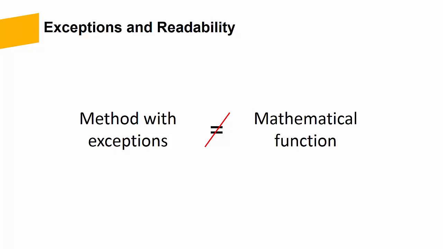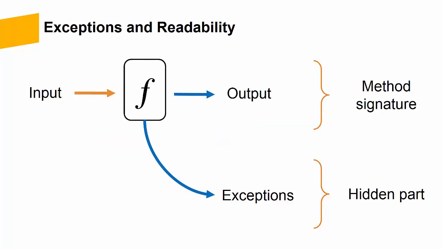And that makes code that employs exceptions to control the program flow dishonest, and in that sense they are not mathematical functions. So what we have here is basically the same thing as with mutable operations. You have a visible part, which again is encoded with method signature, and you also have a hidden part, which is exceptions. So this time the problem here is exceptions. So how to fix that?